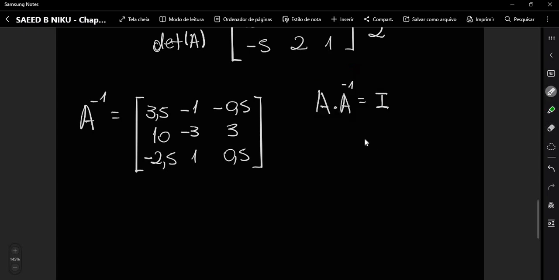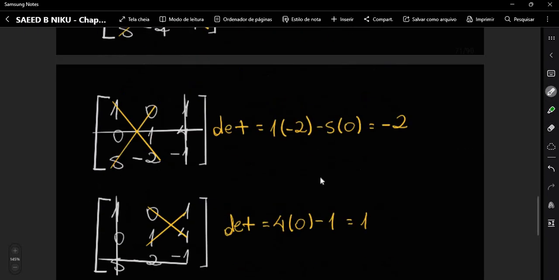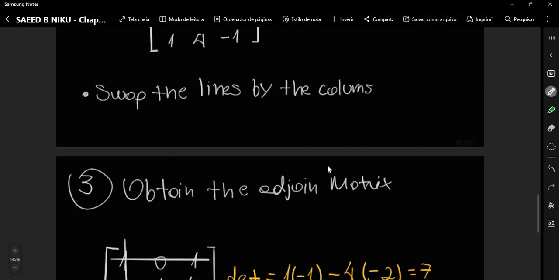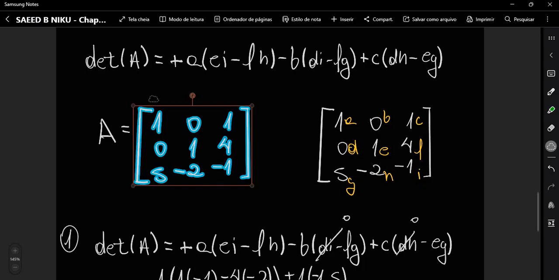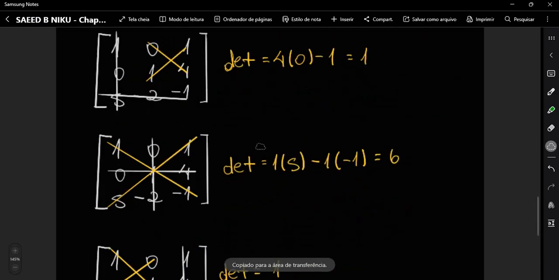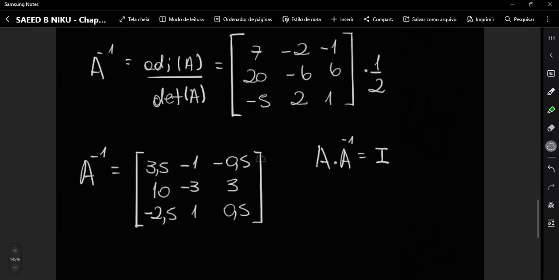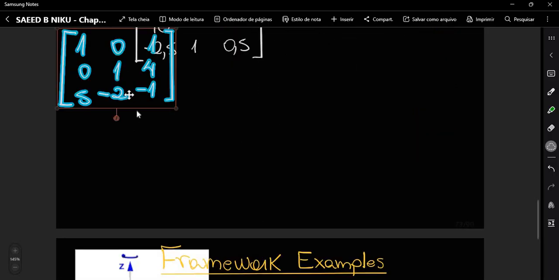Let's take the original matrix A, and multiply by its inverse.